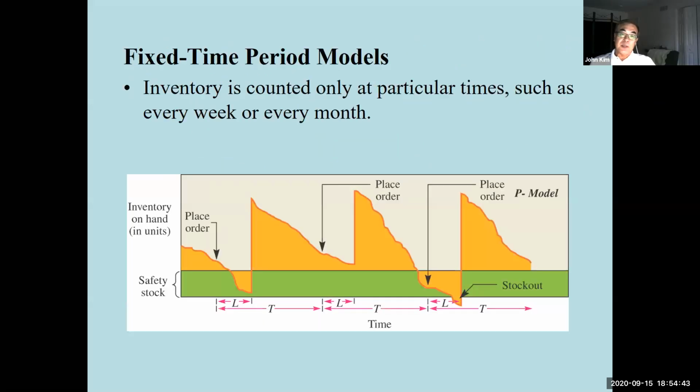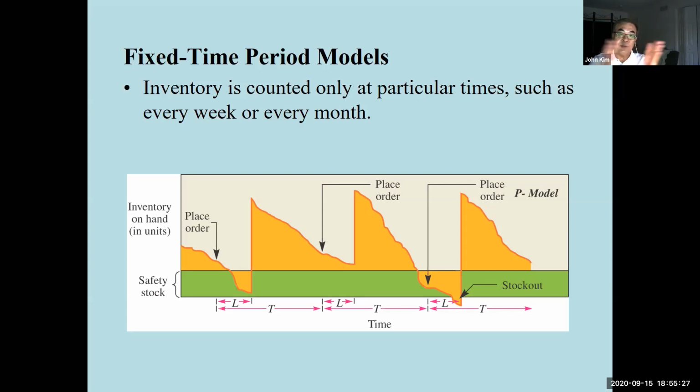Next one is now the fixed time period model. So fixed time, or reorder time T. So when the time comes, then place an order. The difference between the fixed time period model and the Q model: in the Q model, the order quantity is fixed, so every time you place an order the quantity is the same.